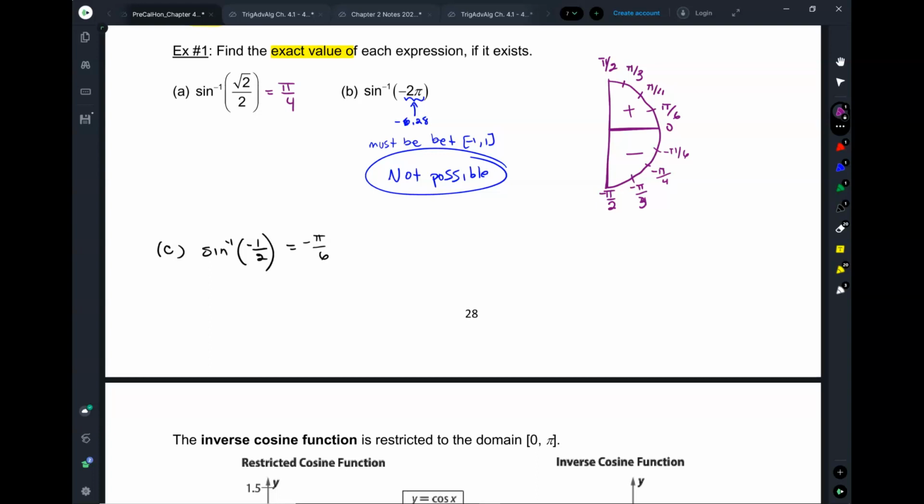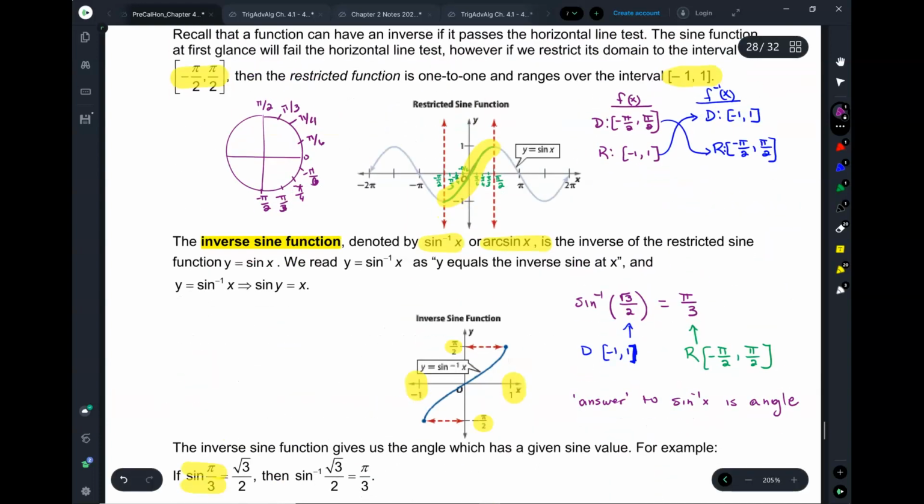Sine of 7 pi over 6 is negative a half, remember from section 3 and the quiz. But why can't that be an answer here? Because it's not in the domain. Where is 7 pi over 6? It's right here, right after the pi. Look at how far away it is from the restricted domain. You see how it's not even close?